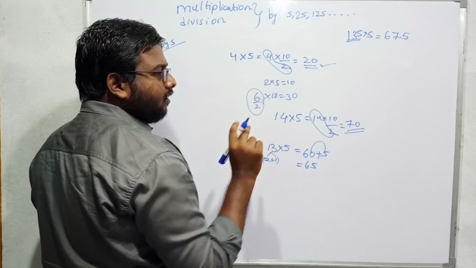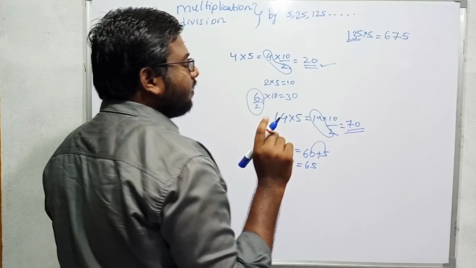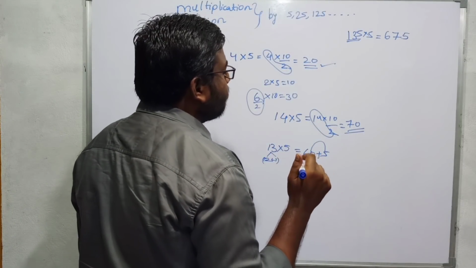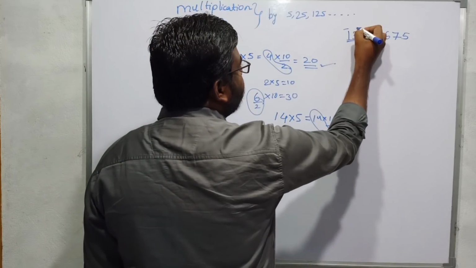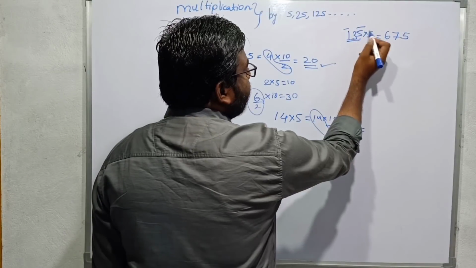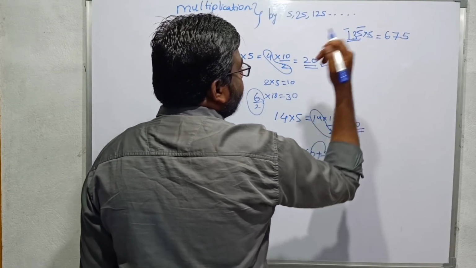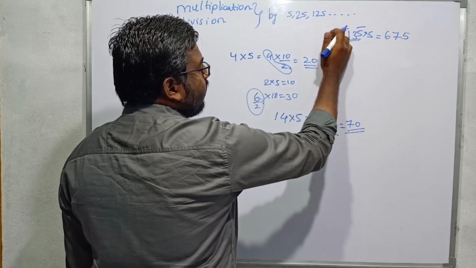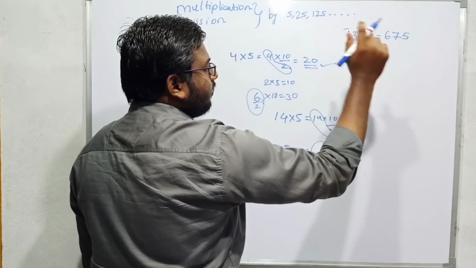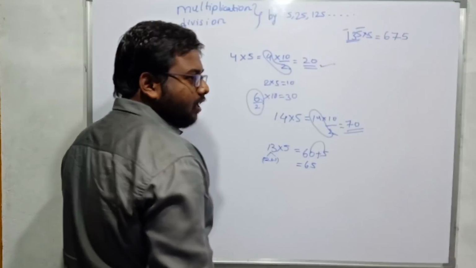I said this method in part 2, I think, multiplication techniques part 2, how to multiply a 3-digit number with a single digit number. What you have to do is group here. 5 1s are 5, keep 5 at the side, and 35 5s is 175. 175 is added to 5, 75 remains as it is, and 1 is added to 5, that is nothing but 675. You can do it like this also.